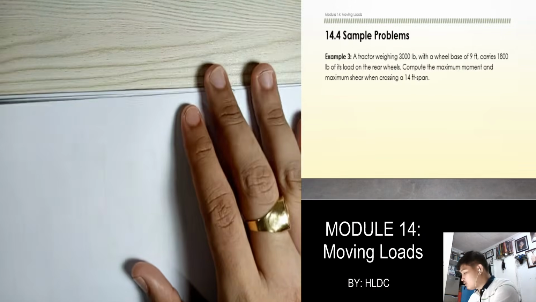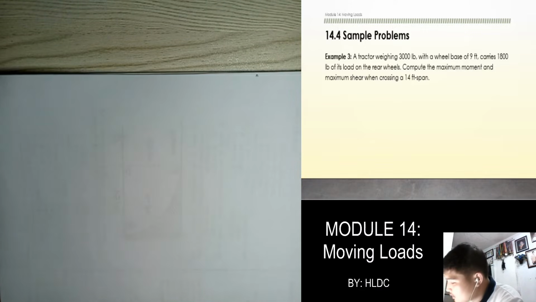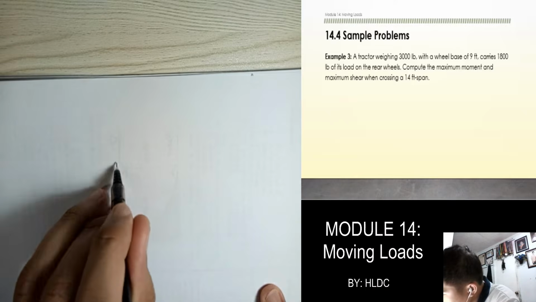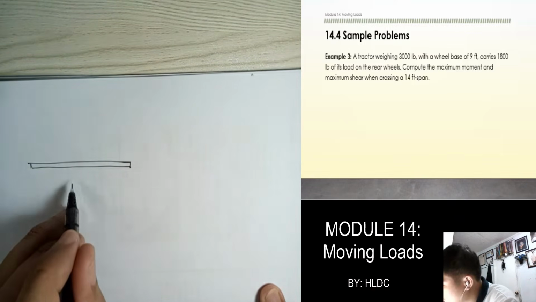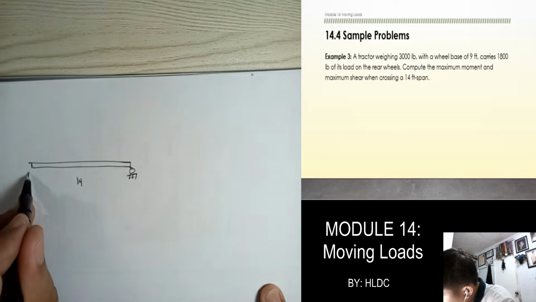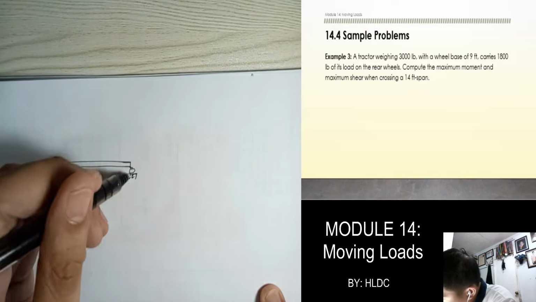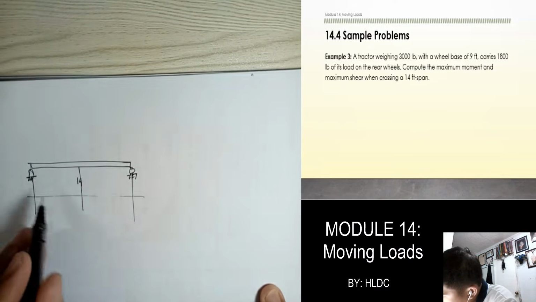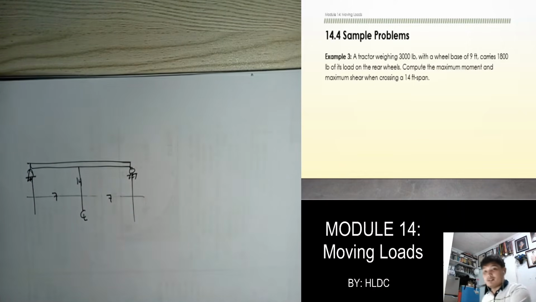Okay, so let's say first drawing muna natin yung beam natin. So, ayan. So, ilan to? 14 daw, no? So, 14. So, therefore, at center line, this one is 7, this one is 7.